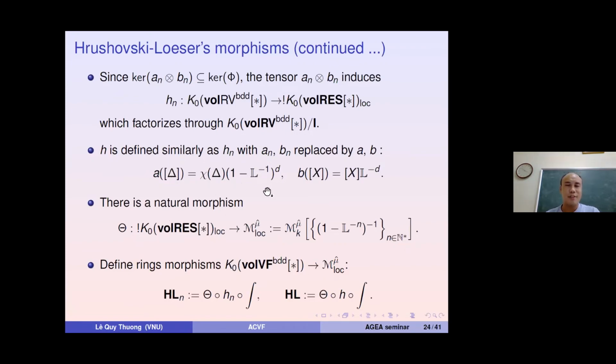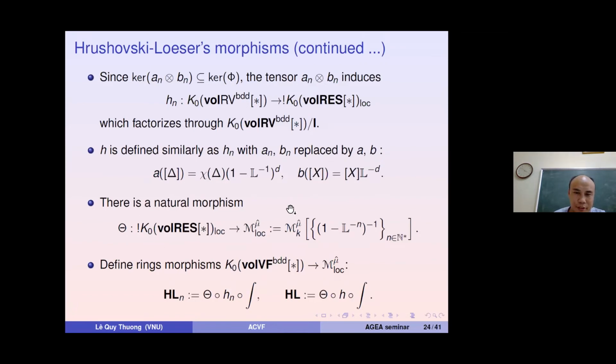A is defined by the characteristic in the sense of Hrushovski-Kazhdan, and B is this one. And to have a morphism to the Grothendieck ring of varieties, we consider the natural morphism.